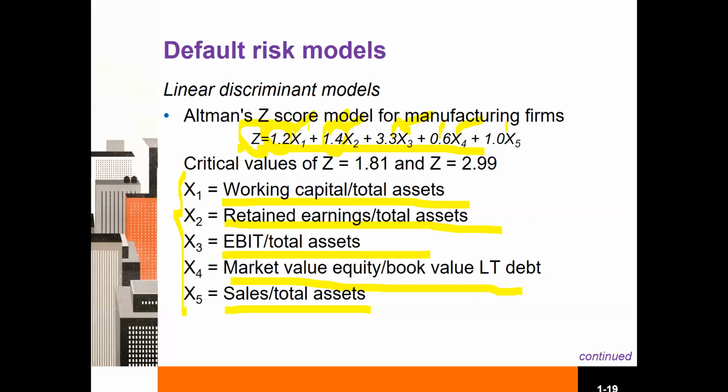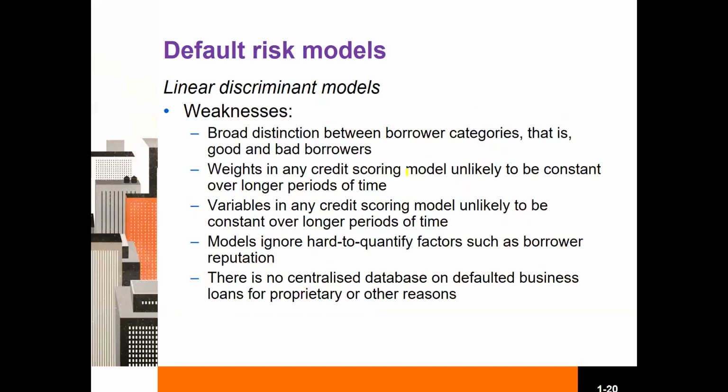So we have certain ratios that we use as inputs in the model. However, these ratios might vary over time, and sometimes hard to quantify variables may have an important role in determining whether a loan should be placed in a default or no default class.